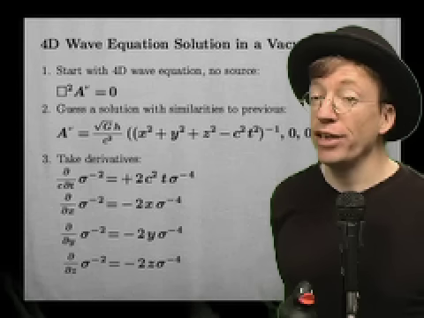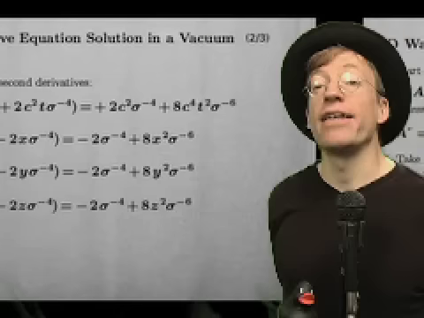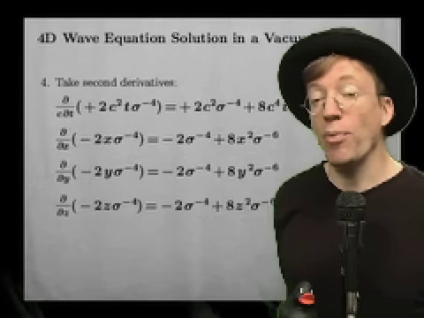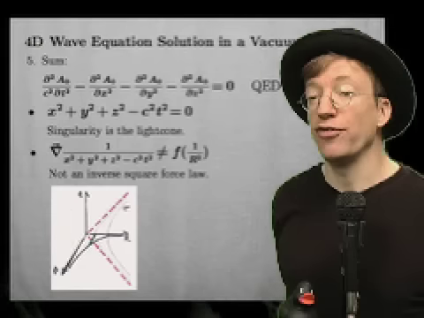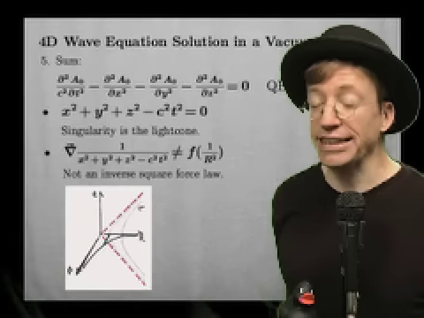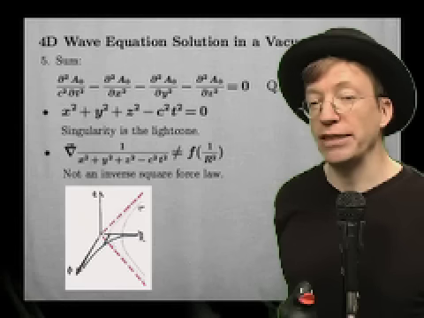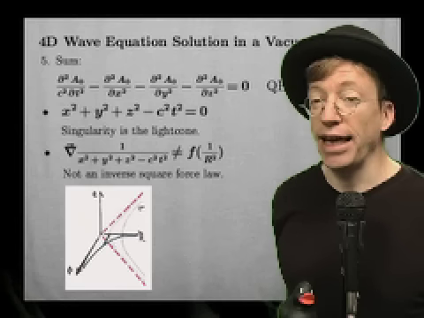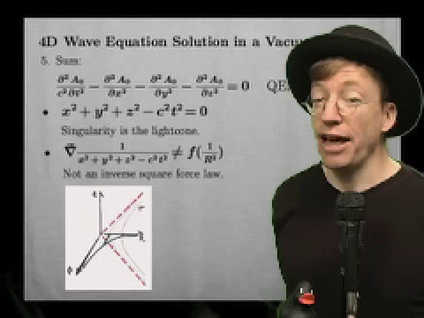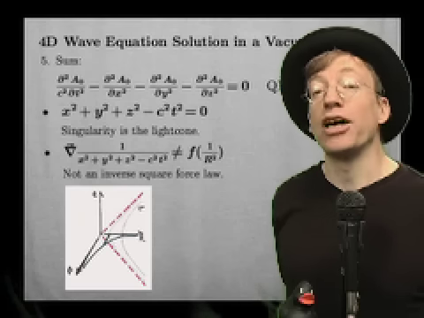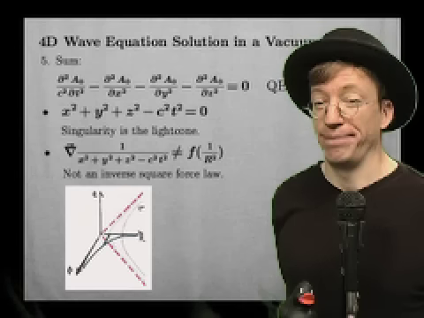We take the derivative, we take the second derivative, and we put that all back in the field equation, which puts the second time derivative in positively and all the three space ones in negatively, and amazingly enough, that equals 0. So this has a really good property.